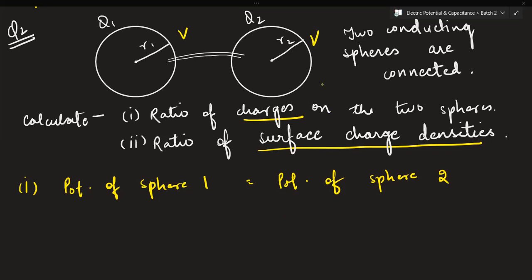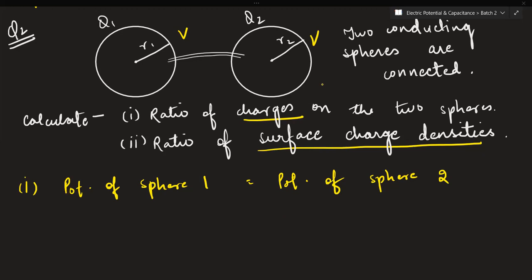Fatima, you tell me. This is the sphere, radius is R1, charge is Q1. What will be the potential of the sphere? For a point charge, or if you have a sphere, you have a formula for potential.